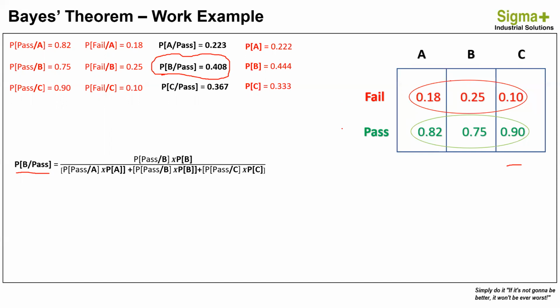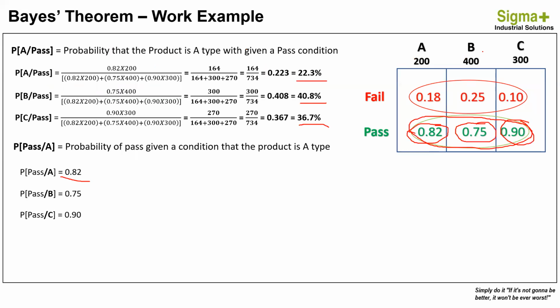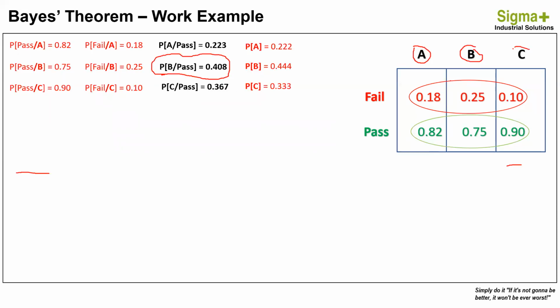Okay, so let me highlight a simple point here so we can understand what would be the need to utilize the Bayes theorem, since we could calculate it in a simple way. See, in the first scenario, we know the number of units for each product type. So we had 200 units for A, 400 units for B, and 300 units for C, right?